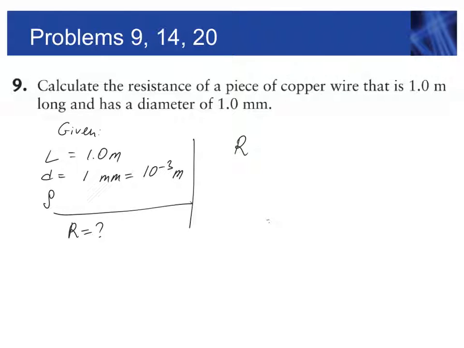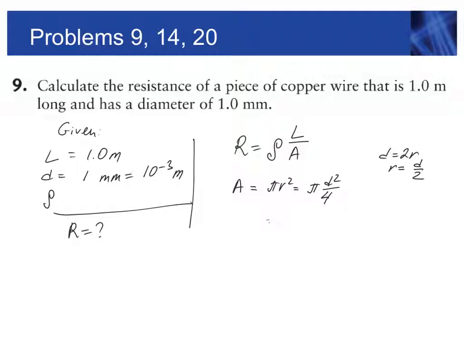The formula is resistance is given by resistivity multiplied by length and divided by cross-sectional area. Area of a cylindrical wire is just pi r squared. That would be pi d squared over 4, because the radius is equal to diameter over 2.